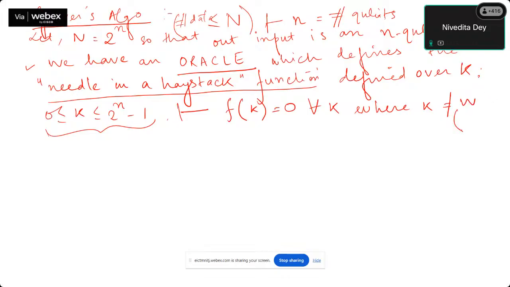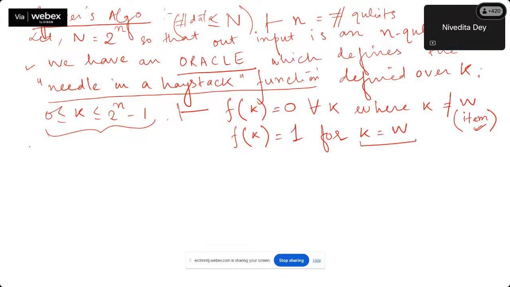w is the one that I want to search. So this is the item, or the successful one where your data is present, or whatever index you want to search. And f of k will be equal to 1 for k equal to w.